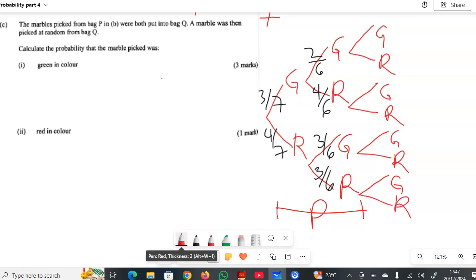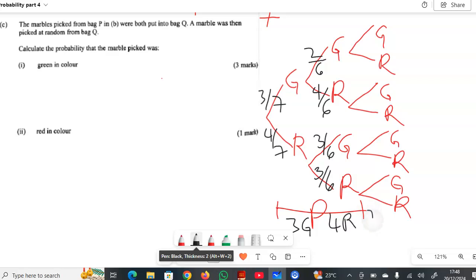So now in this case the probability is going to change. Remember we had only 2 green and 3 red in bag Q. So this was P. P had 3 green and then 4 red.